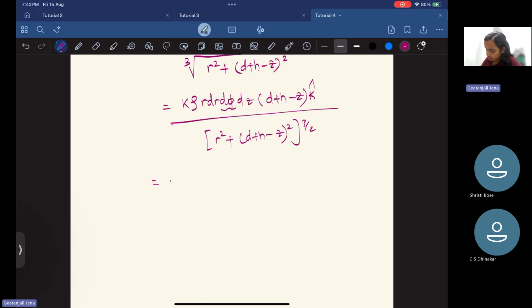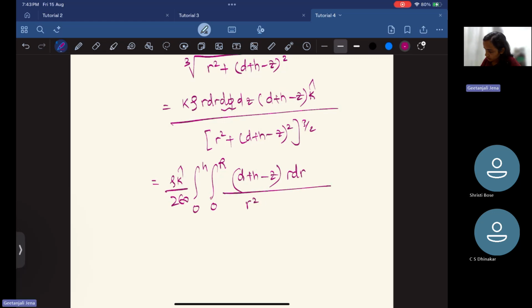So we'll get rho k cap by 2 epsilon naught, and the z integration will be from 0 to h, and the r integration is from 0 to r, right? d plus h minus z times r dr over r square plus d plus h minus z square to the power 3 by 2.